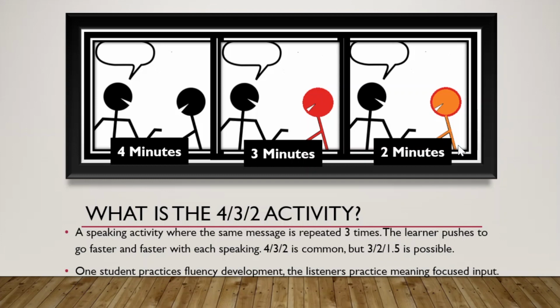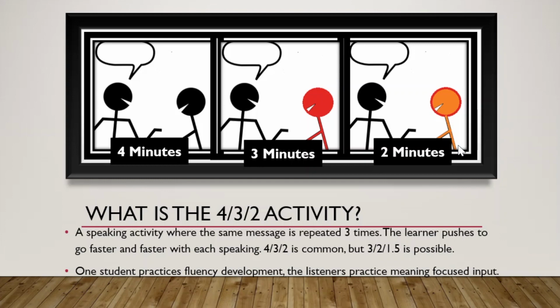Then you change partners. You speak to someone new and speak for 3 minutes. You're trying to push to go faster, and you're trying to repeat the same content, same topic. And then you change one more time, and you go faster, and you repeat the same message.